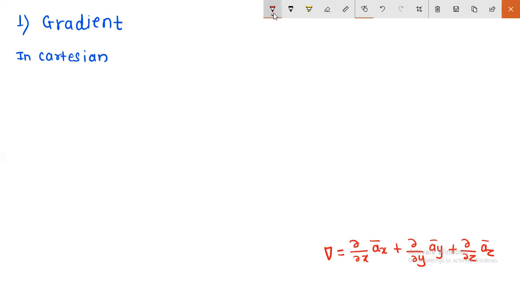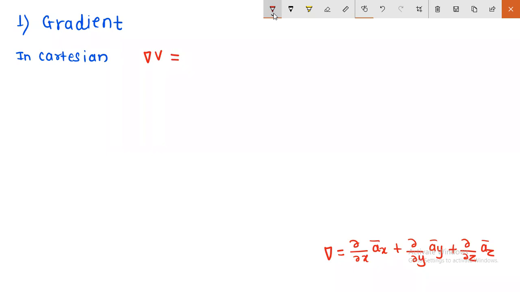So this formula in the Cartesian coordinate system can be written as del into V only, where we consider a scalar quantity as V. Just multiply by V here; don't take any dot product or cross product.